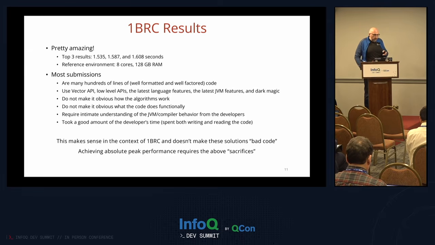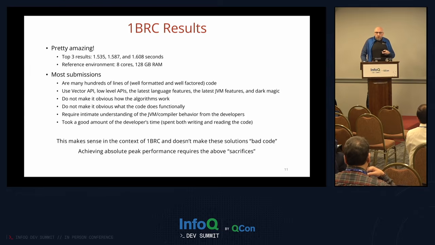Because of that, it's not immediately obvious how these algorithms work, although some of those solutions are pretty well commented. And also, it's not obvious what the code does functionally. Obviously, when you look at it, you know that it solves the 1 billion row challenge, because that's what it says. But given a solution, it would take you some time to figure out what it actually does.